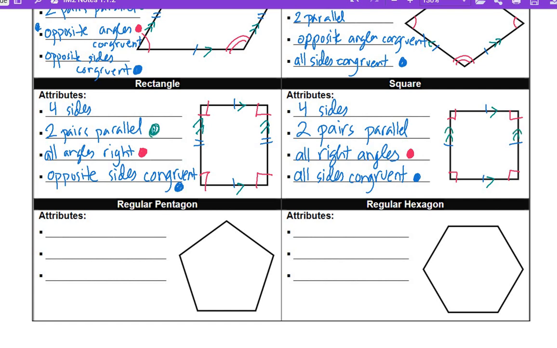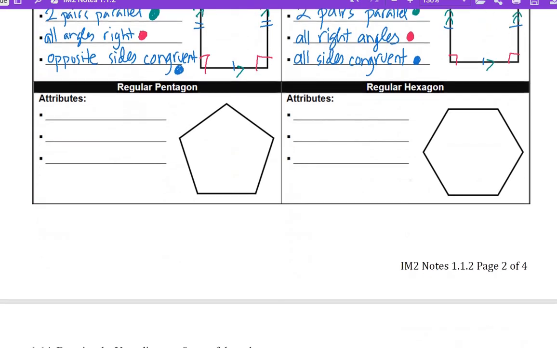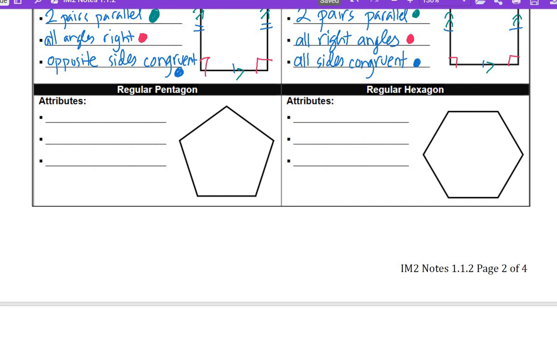Oops. Put the dot on the previous problem. Okay, almost done. Let's do regular pentagon and then regular hexagon. So our regular pentagon has 5 sides. All sides are congruent. And all angles are congruent.